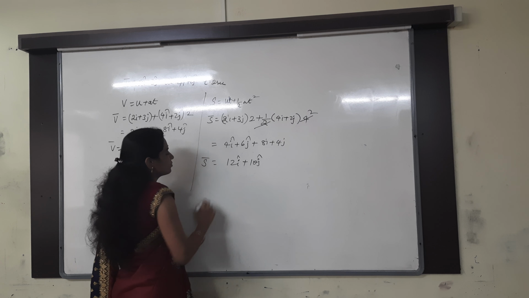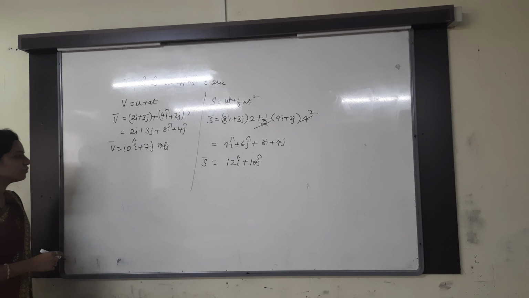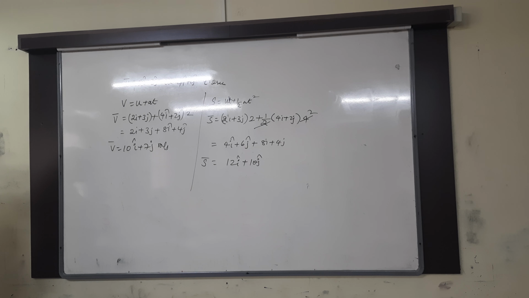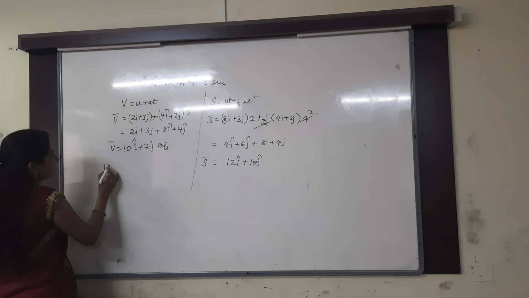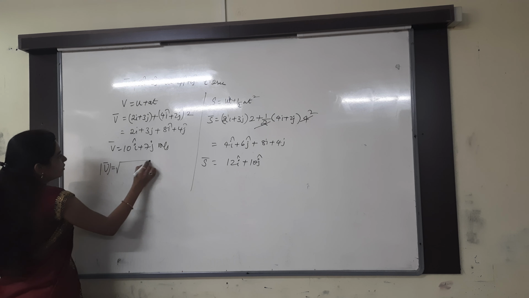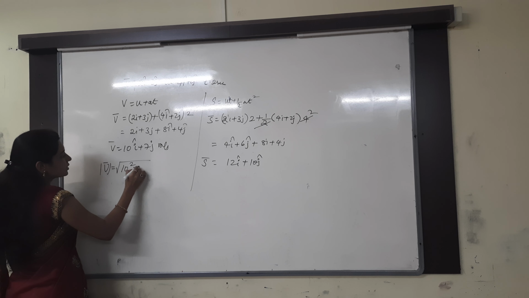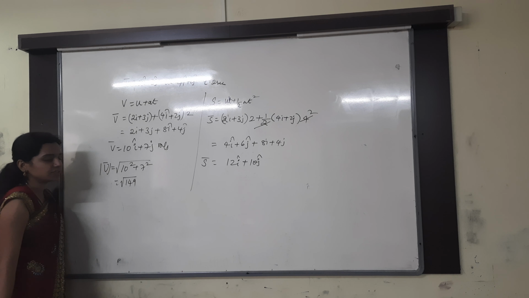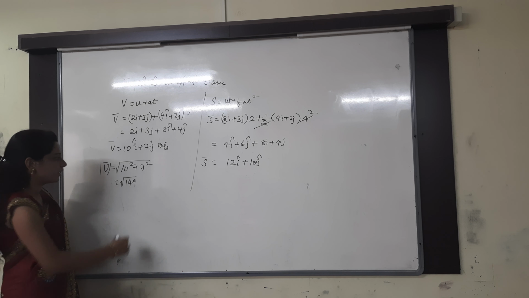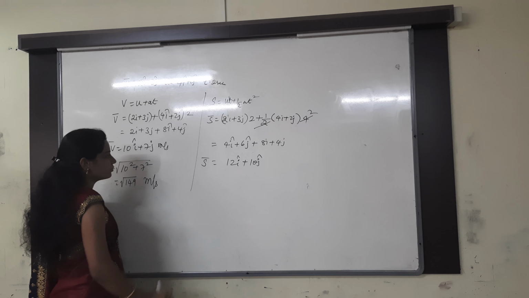This is the displacement. If I ask the magnitude of velocity and then magnitude of displacement, what will be our answers? Magnitude of velocity: root over 10 square plus 7 square, no? So what will we get here? 100 plus 49, 149 meters per second will be there.